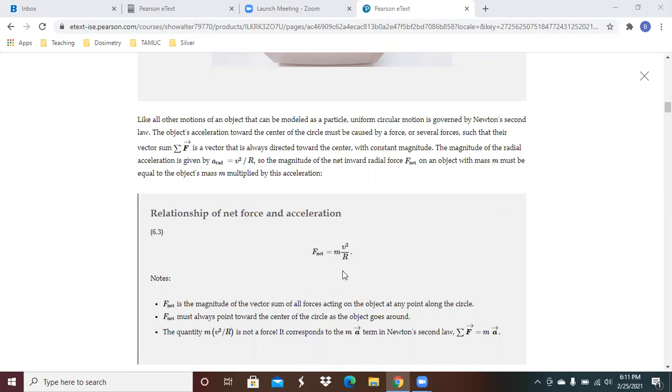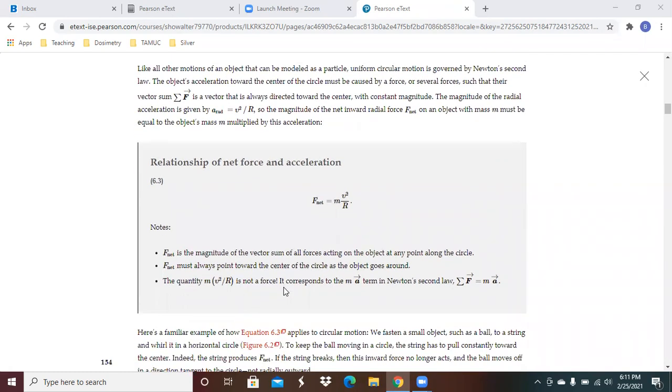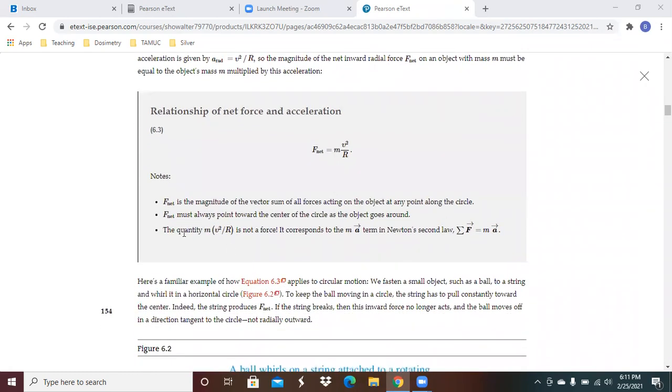So if we define force as mass times acceleration, and now we know what the acceleration is in this case, then the centripetal force is going to be equal to mv squared over r. The quantity here is not a force in the sense that it's actually real.